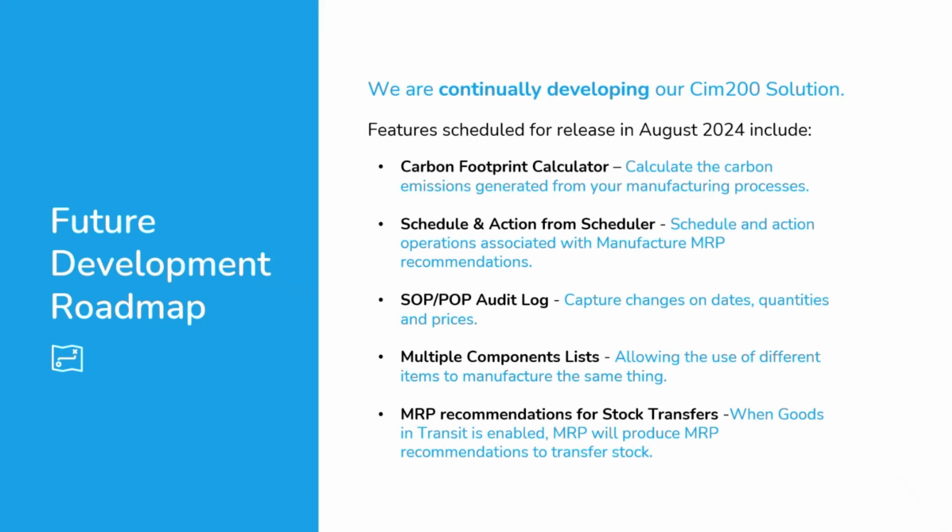And also we will give you MRP recommendations for stock transfers, especially if you have goods in transit enabled, which will take into account the transit time from one location to another. So Cim200 takes into account if you have a warehouse in China and it takes 8 weeks to get a container across to the UK, MRP will actually recognize that.